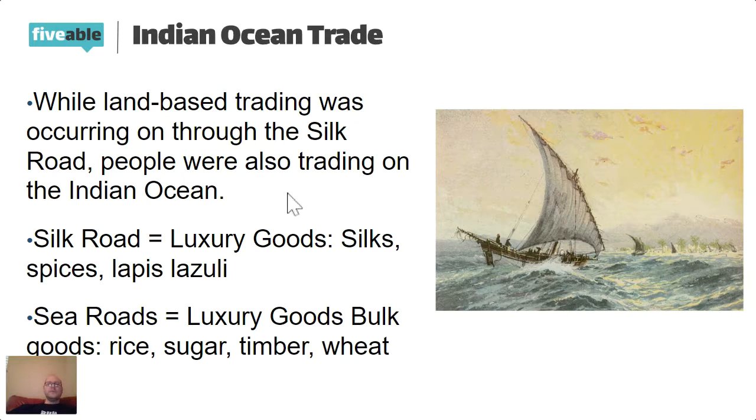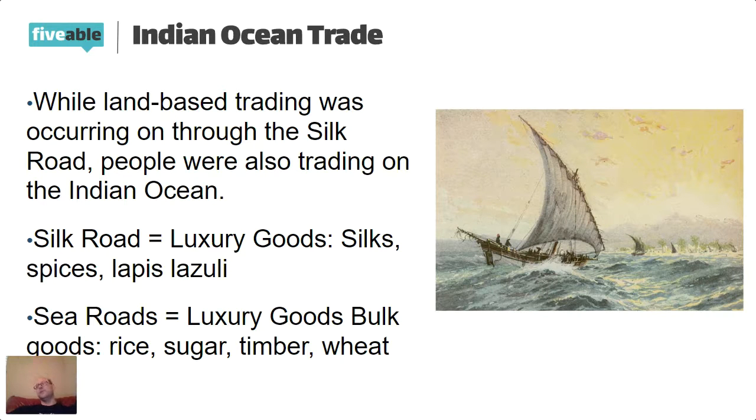Okay, so here we have the Indian Ocean. We've got luxury goods, like silk, spice, lapis lazuli, but now we have bulk goods. Bulk goods can be things like sugar, rice, timber, wheat. Bulk goods are things that are found in many different places. China for the longest time had silk, and they were the only ones that created it.